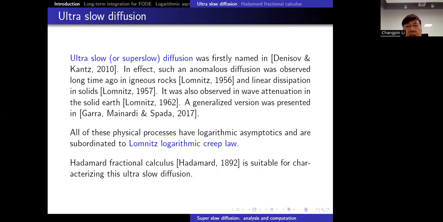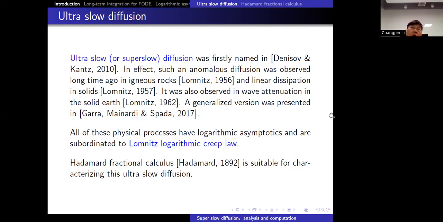In fact, such anomalous diffusion was observed a long time ago in igneous rocks in that year, and in linear dissipation in solids in that year. It was also observed in wave attenuation in the solid earth in that year. And its generalized version was reported in a recent paper.